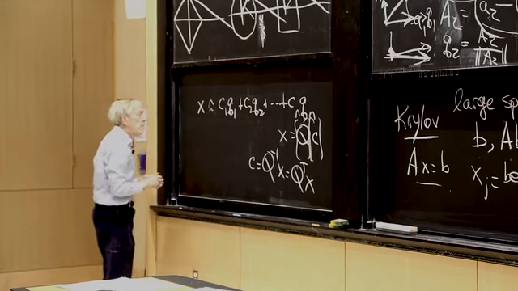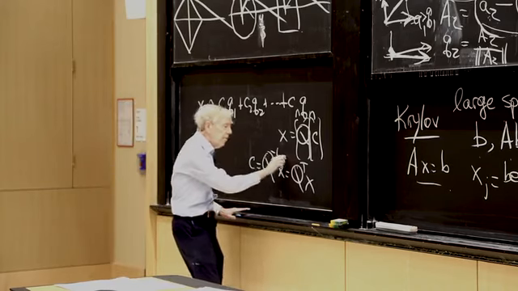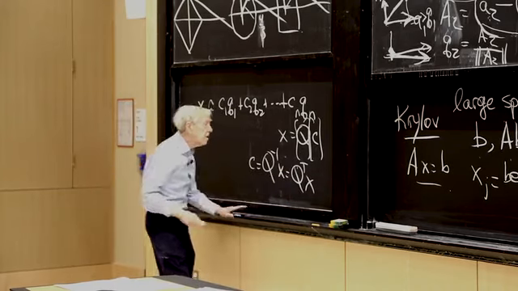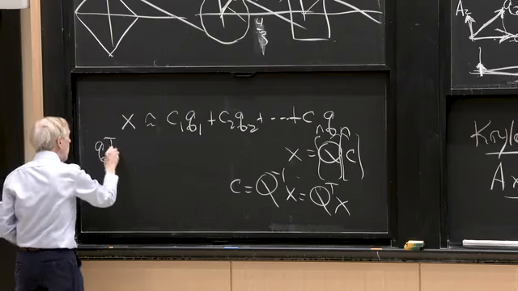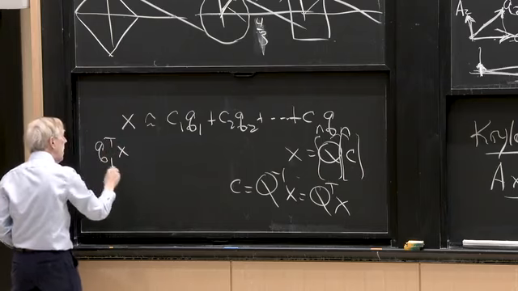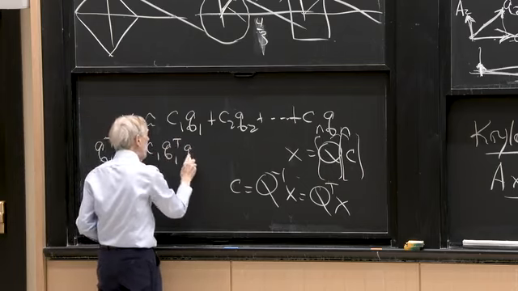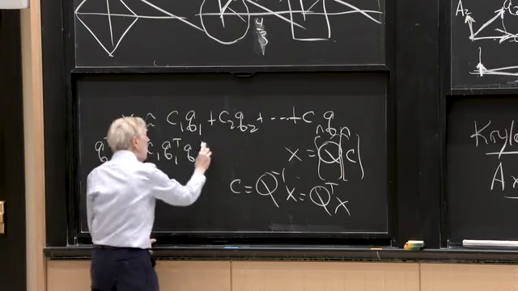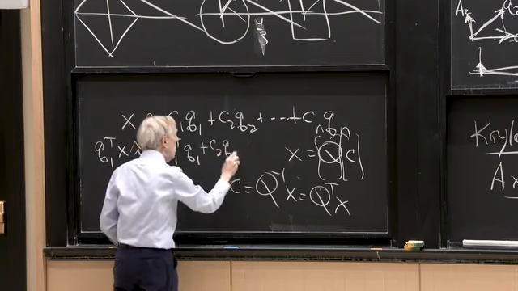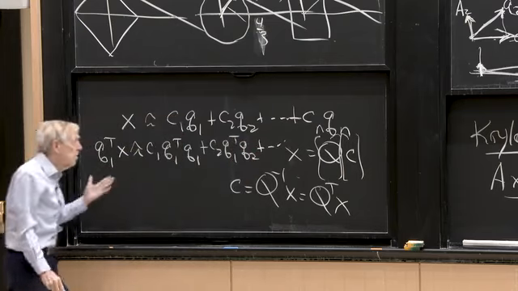So it's telling me that to find C1, how do I find C1? This says take Q1 transpose with X. Take the first vector with X. That'll be C1 Q1 transpose Q1. I'm just taking the dot product of everything there with Q1, and then C2 Q1 transpose Q2, and so on. But what's good?